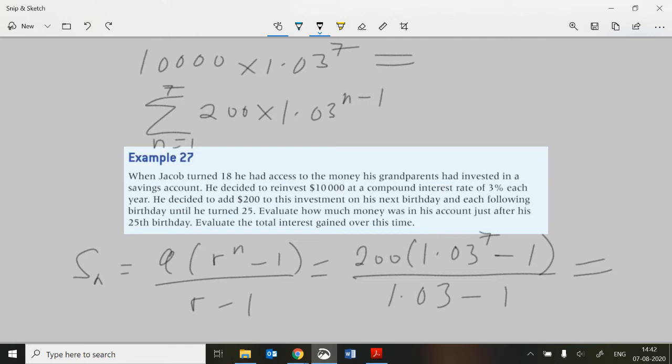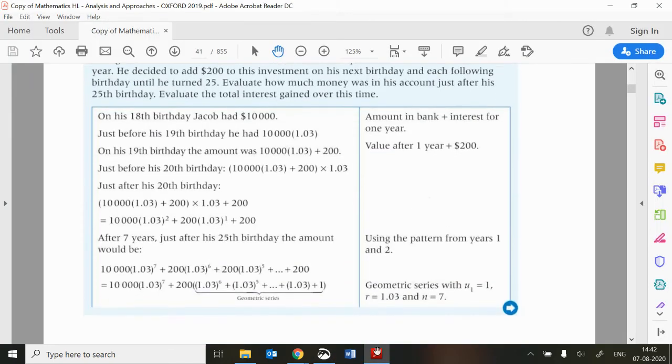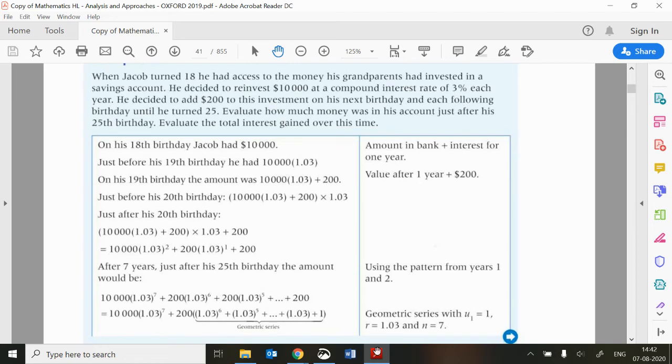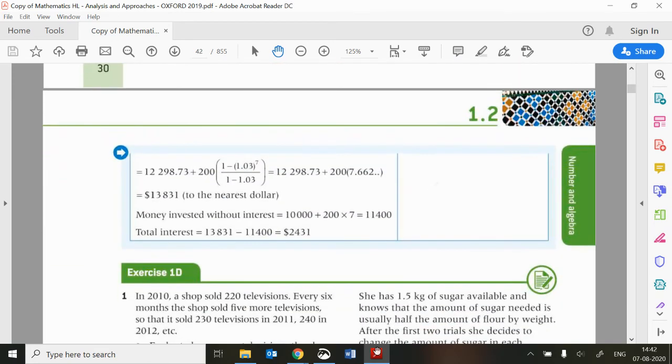So we'll need to take away the 7 amounts of $200 and the 10,000. So 7 lots of 200 is 1,400. So we'll need to take off this amount of dollars at the end. So this will be the final step. Okay, let's just check the answers there. Let's see if I've done that one right. What have they got?